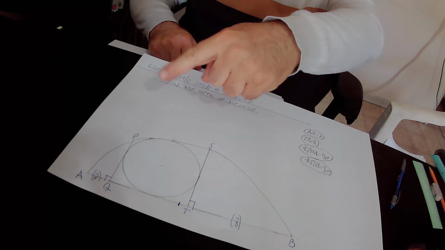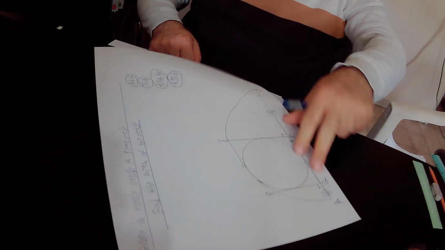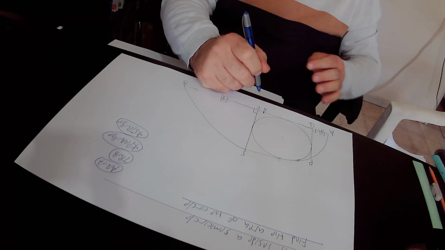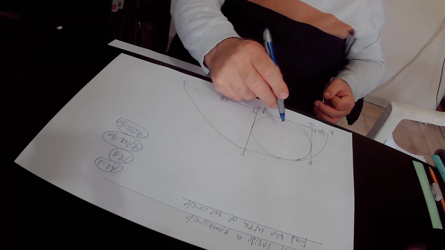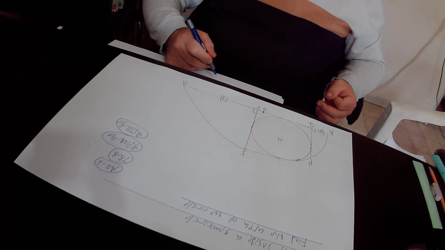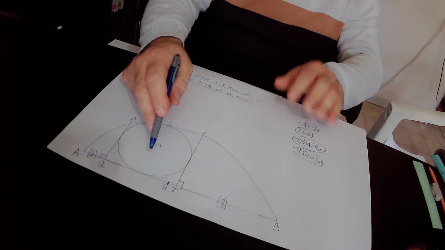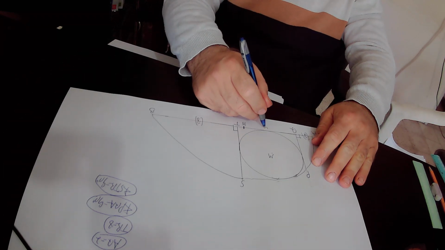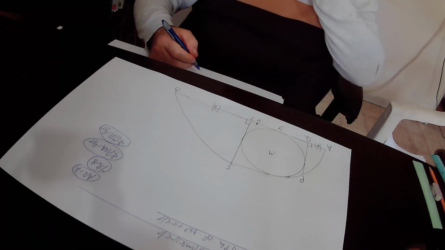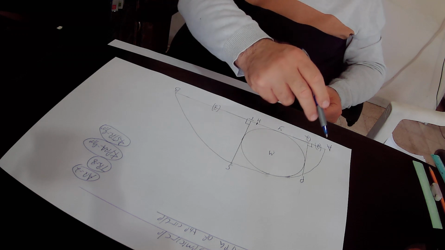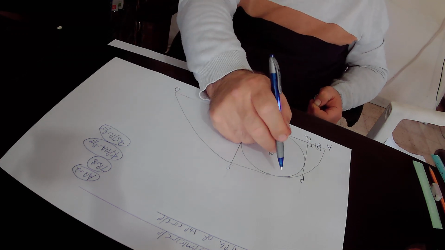We define the center of this semicircle, this point, as point H. We define the center of this circle, this point, as point M. We define the point of tangency of tangent AB with this circle, this point, as point Y. And we will define the touching point of the big quarter circle with this small circle. This point is point Z.